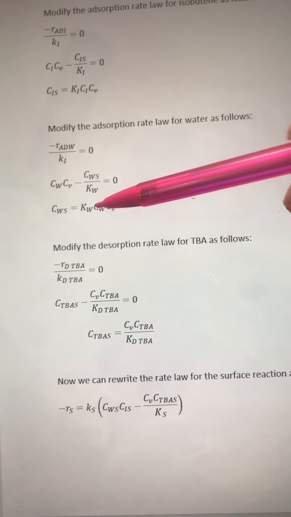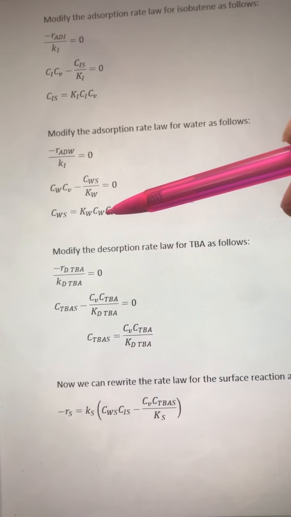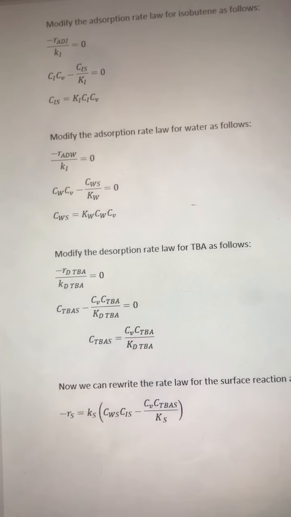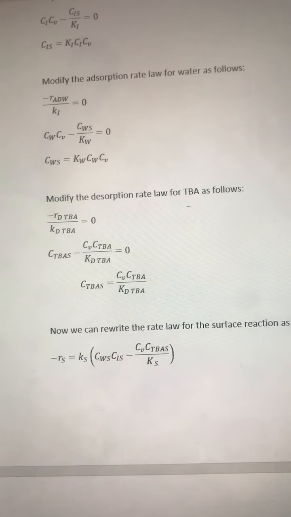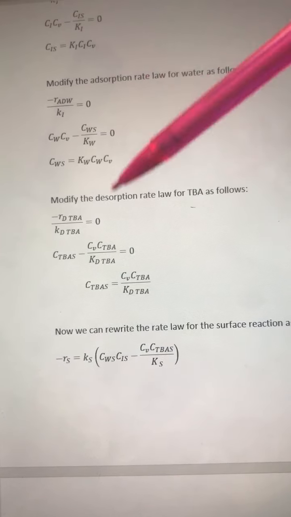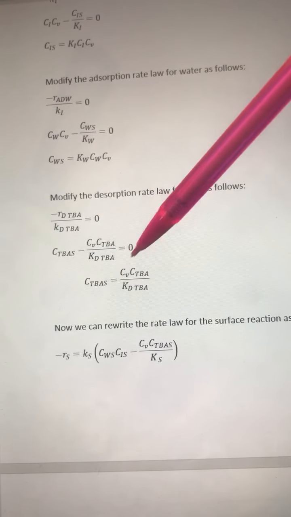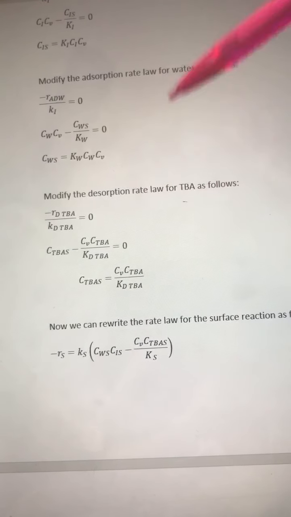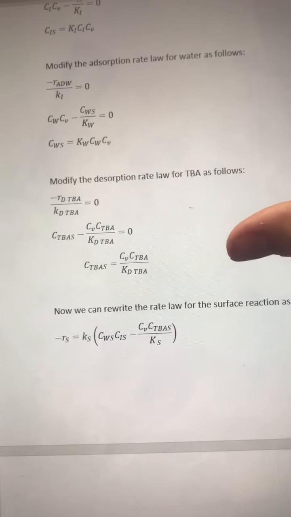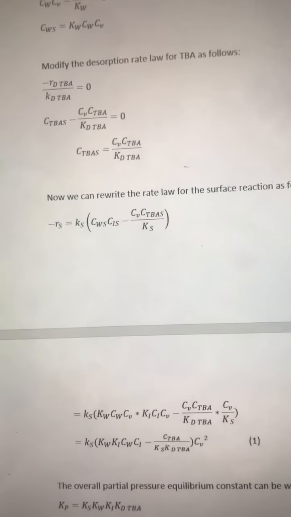Concentration of the site filled with water equals the equilibrium constant for the adsorption multiplied by the concentration of water multiplied by the concentration of the vacant site, and then modifying the desorption rate law for TBA yields the concentration of the site filled with TBA equals the concentration of the vacant site multiplied by the concentration of TBA all over the equilibrium constant for the desorption.